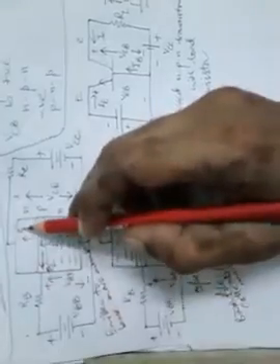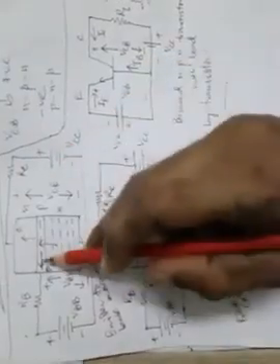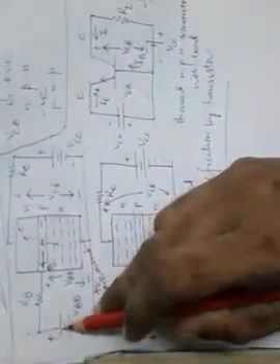At the collector side it is connected with the positive terminal of the battery, and at the base side it is also connected to the positive terminal of the battery, of the two sources VBB and VCC. So in either case, electrons will be attracted towards the positive electrode of the sources VBB and VCC.